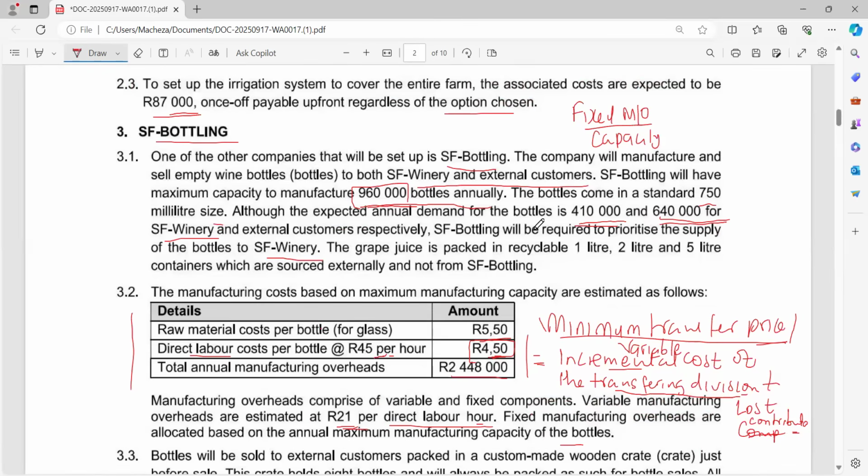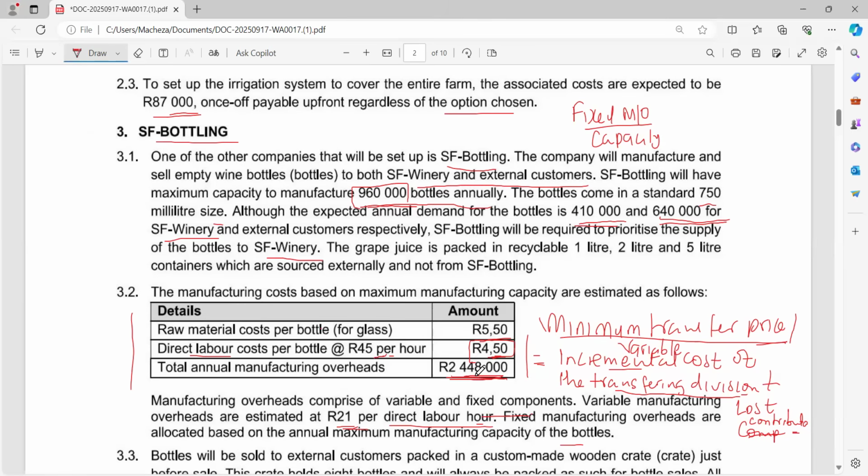They say a total annual manufacturing overheads. Manufacturing overheads comprise variable and fixed components. So here we have the variable and fixed components. To get the fixed component, we minus the variable manufacturing overheads from the total manufacturing overheads.